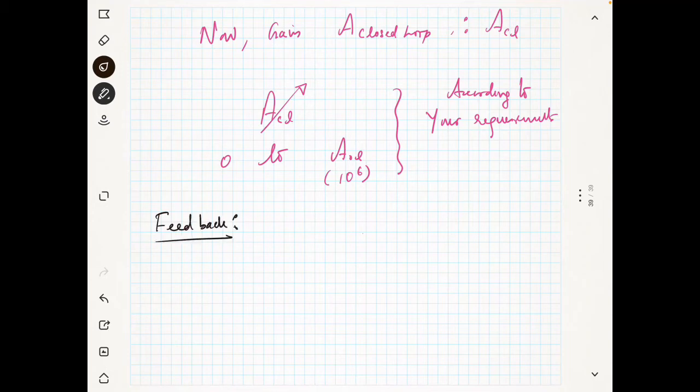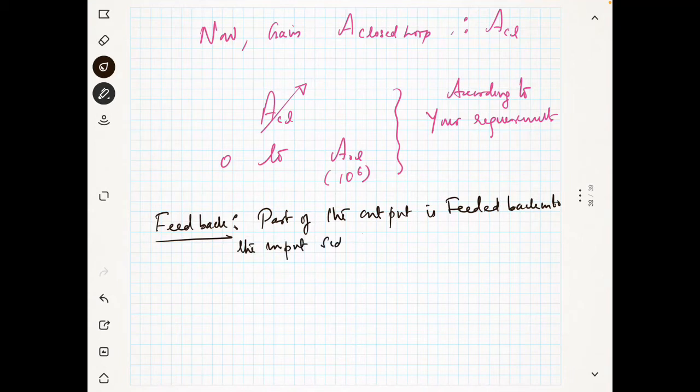Feedback means actually the part of the output is fed back into the input side for controlling the gain, basically. And many other purposes are there that we will see later.